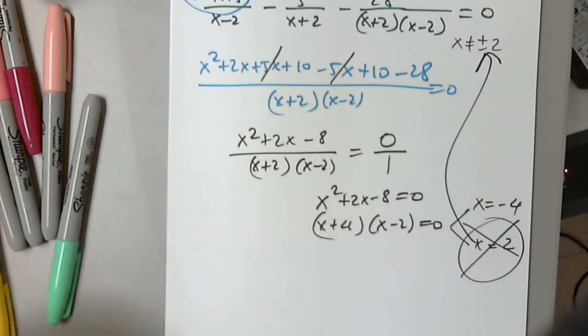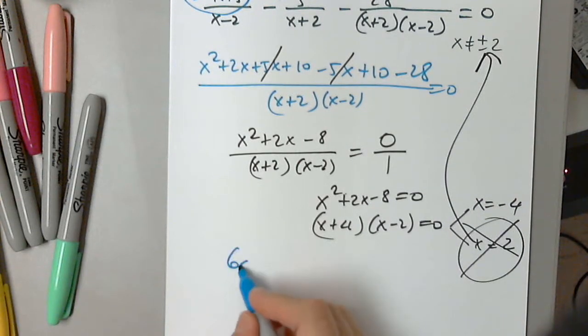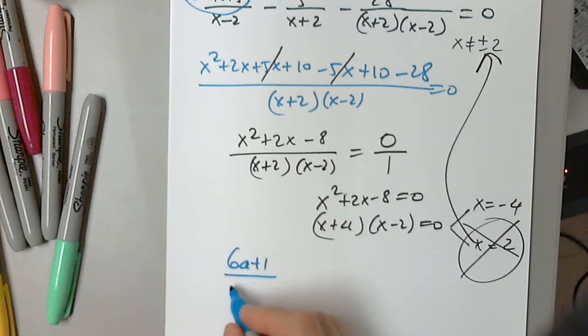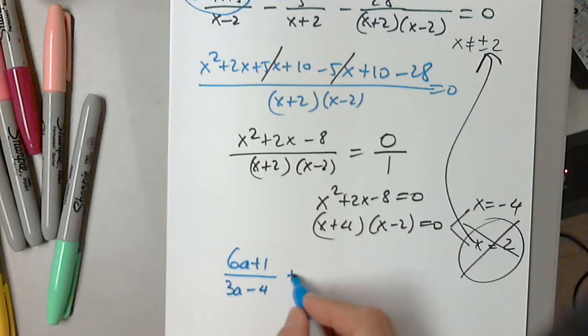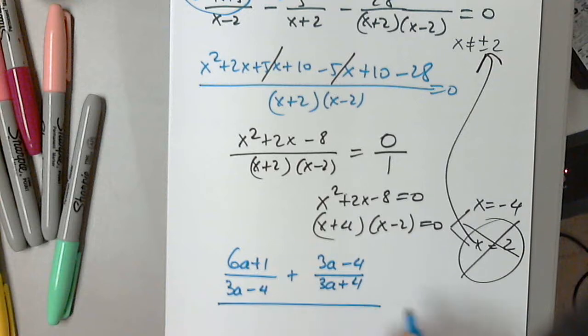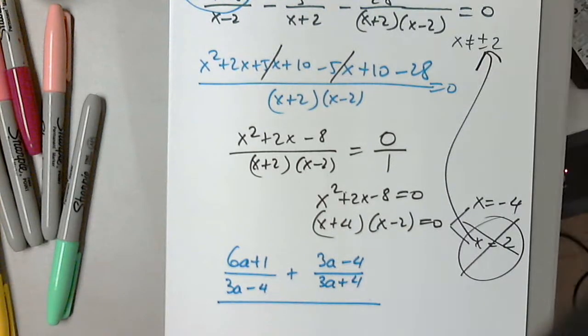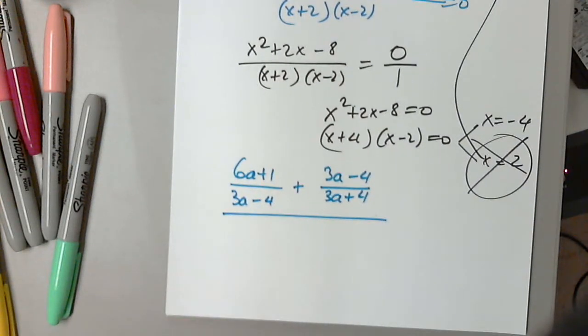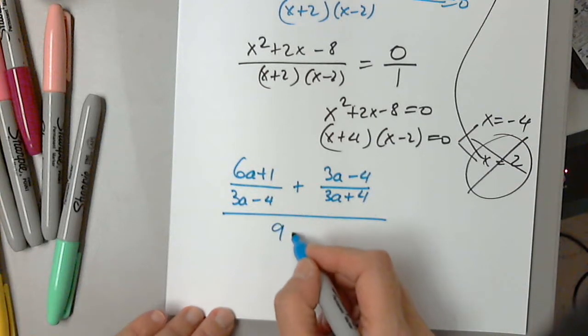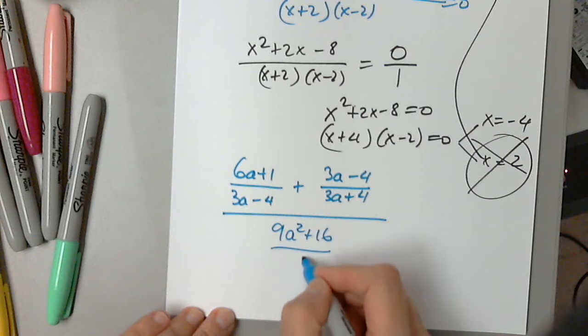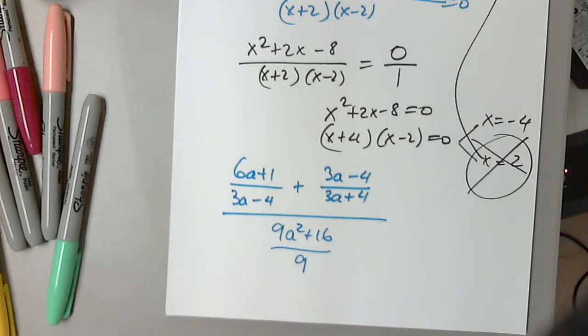So we have 6a plus 1 over 3a minus 4, plus 3a minus 4 over 3a plus 4, and everything divided by, you may get a slightly different problem, 9a squared plus 16 over 8. Oh, it's 8 at the bottom, not 9. Thank you.